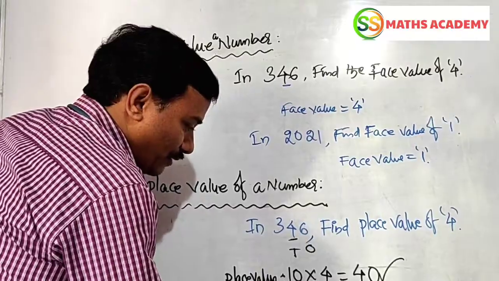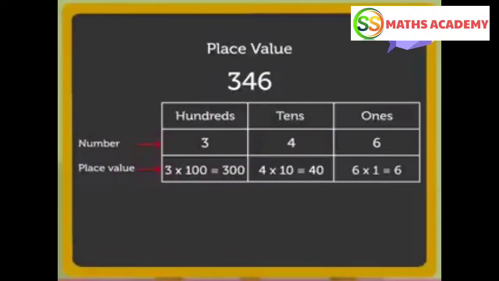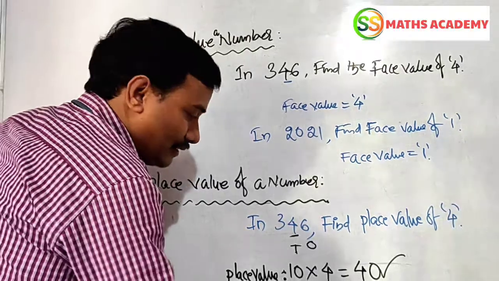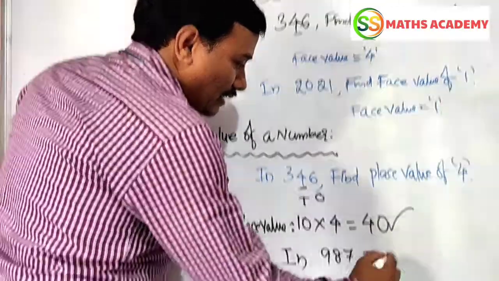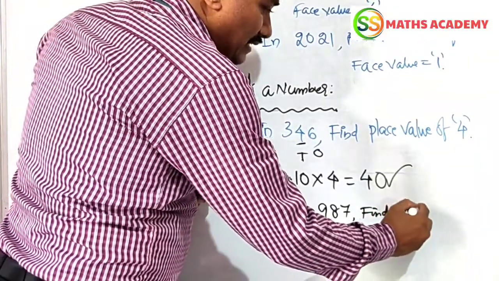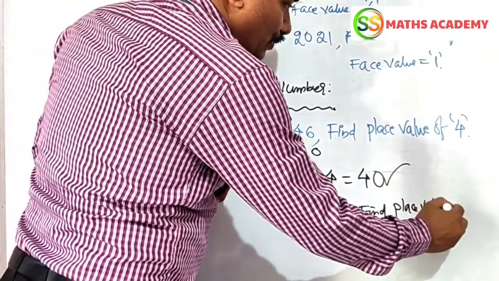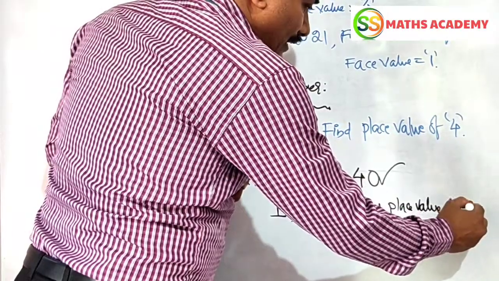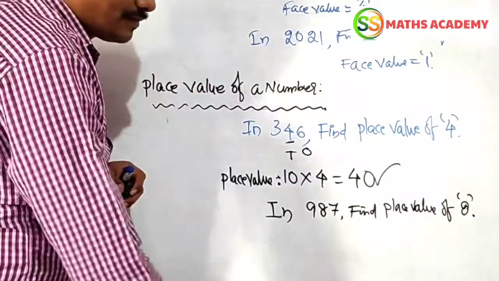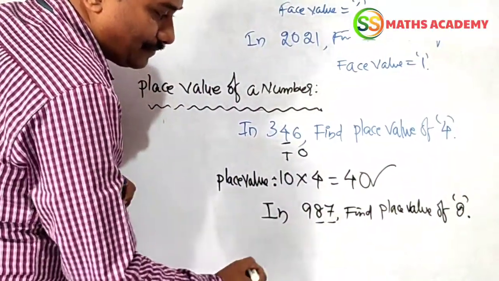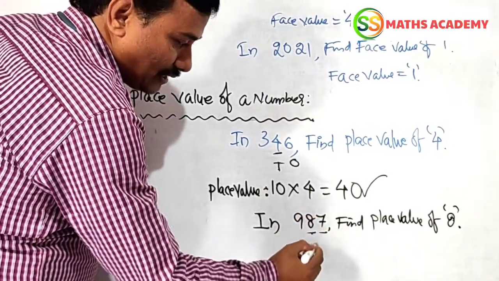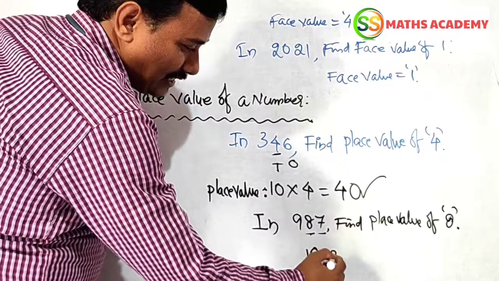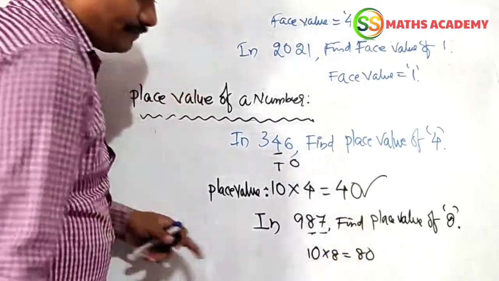See one more example. In 987, find the place value of 8. You can take the tens position. 10 into 8 is 80.